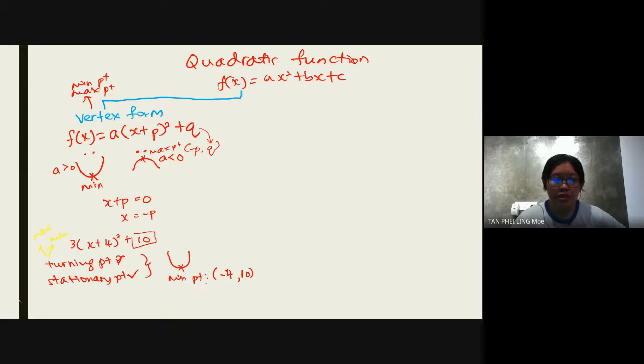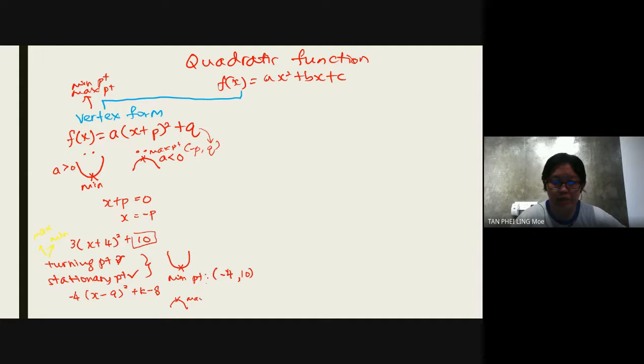And if another example they gave you negative 4 times (x minus 9) squared, plus k minus 8. So this one, you know the a is less than 0, so it's a maximum point here.